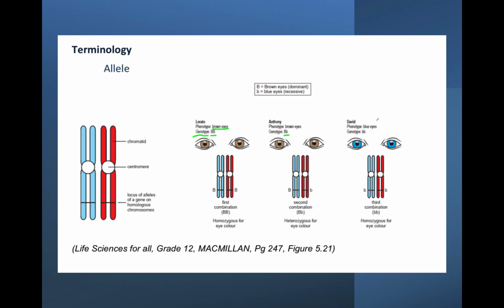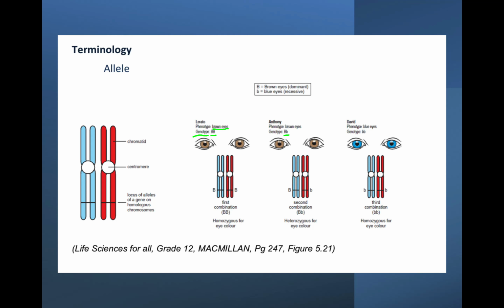The phenotype explains to us how this gene now is going to be expressed on the outside of the person, how it's going to show itself outwardly in the person. If I look at Anthony, his genotype is capital B, small b. Although his genotype means that Anthony is heterozygous for brown eyes, I can't see it on the outside.